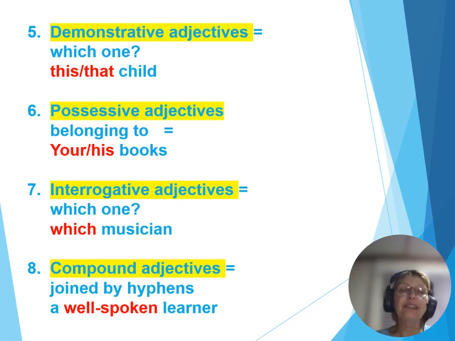The interrogative adjective, when we look at which one, which musician, for instance. You'll see all of these are in red so that it stands out a little better. Your compound adjective, if you think of any word that's hyphenated, that is an adjective, then that would be a compound adjective. So remember that when you're practicing, that you get that right.